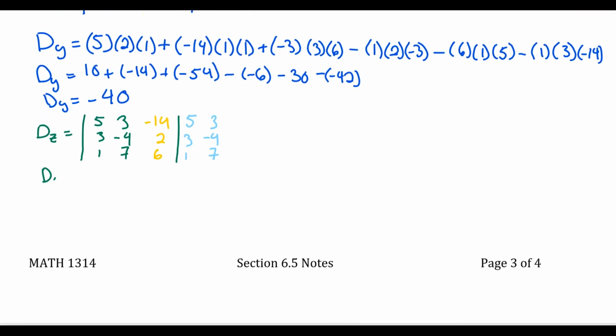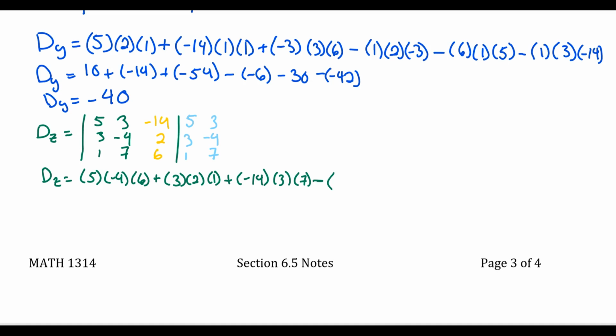So that I can find d sub z. Okay, so d sub z is going to be 5 times a -4 times a 6, right here, plus 3 times 2 times 1, plus a -14 times 3 times 7. So I've got these forward diagonals.